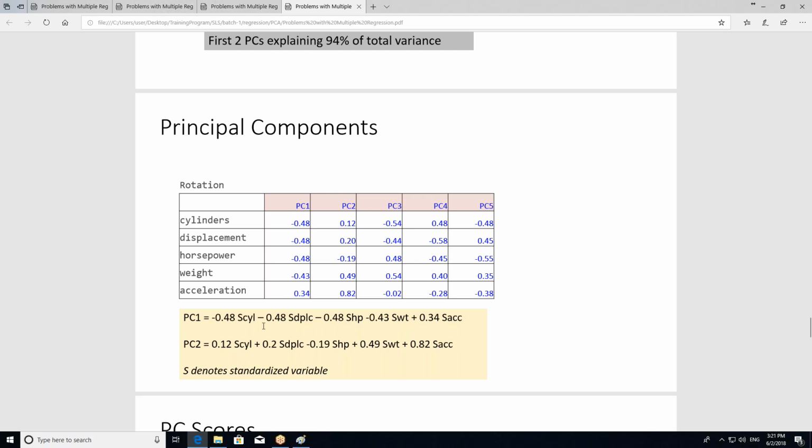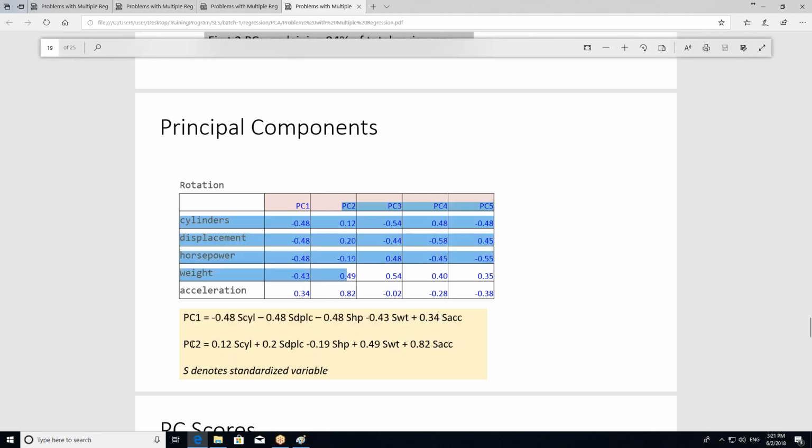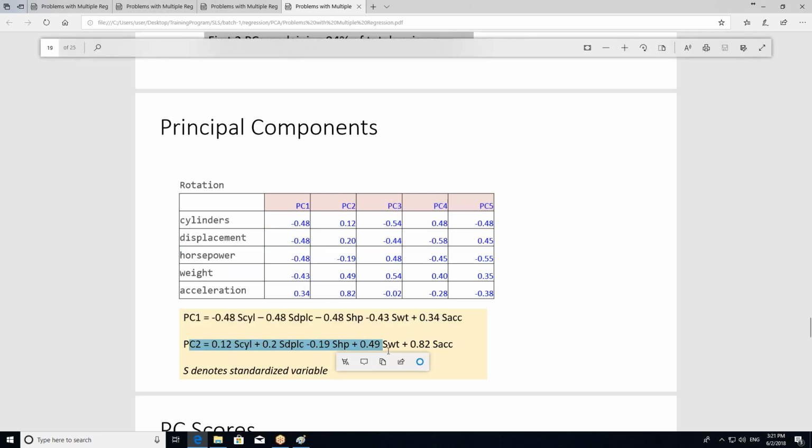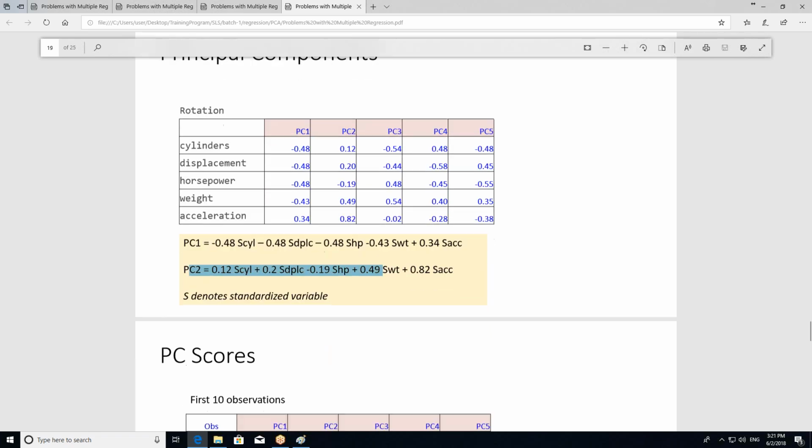All this together builds PC1. Similarly, all this together builds PC2. Now if PC1 and PC2 are enough, how am I going to build the regression model? Let's see.